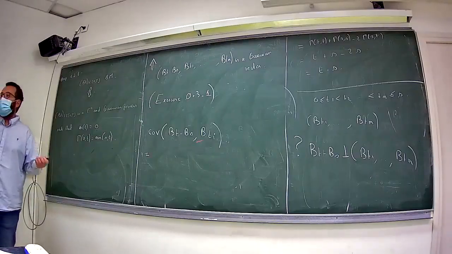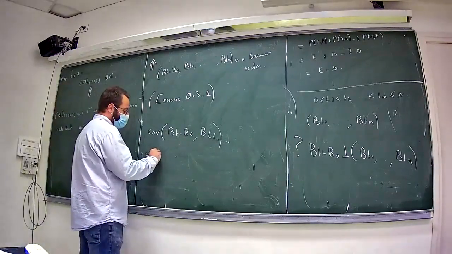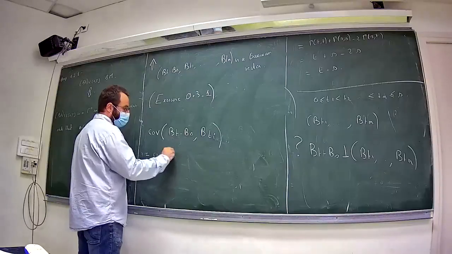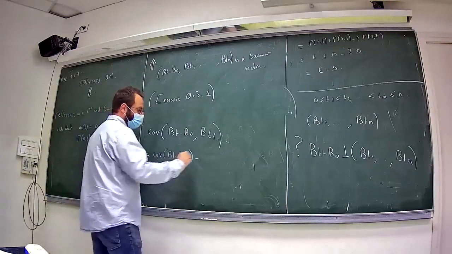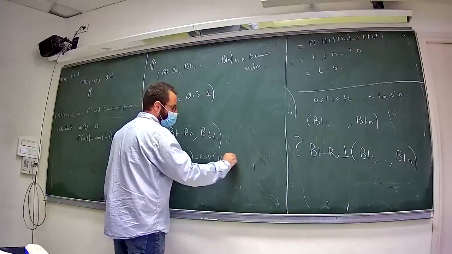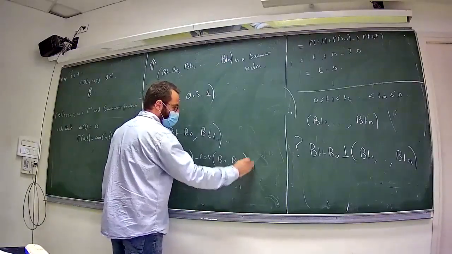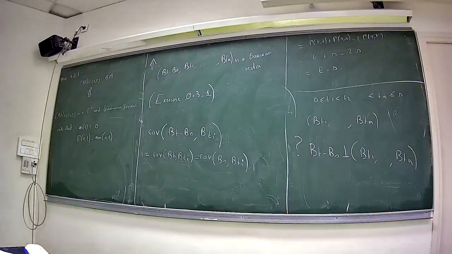So I use the bilinearity of the covariance to get here the covariance of Bt and Bti, minus the covariance of Bs and Bti. And what is each covariance here? Don't forget that you have this one. So what is this?